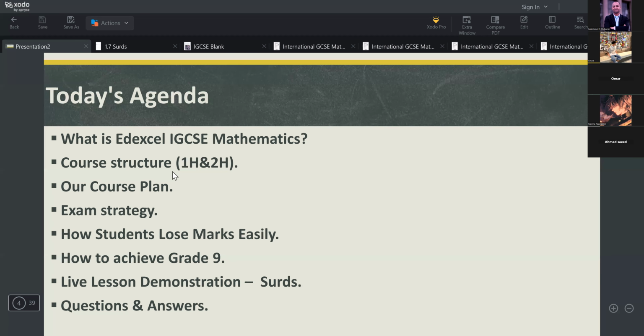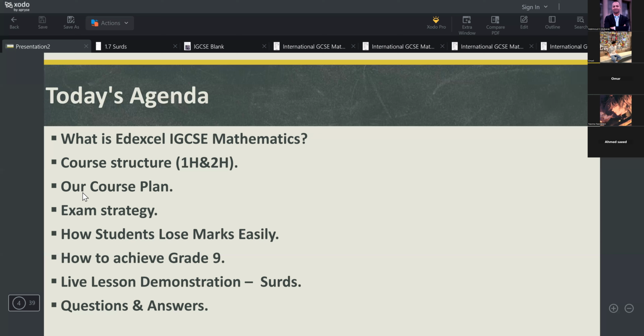Then our course plan: when we will start, how many lessons each week, when we finish the explanation, when we will start revision and solving past papers, and when we will complete our course. Anything you need to know for our plan, you will find in our course plan.